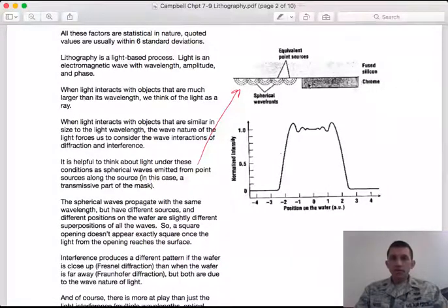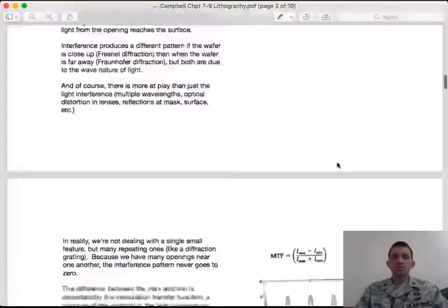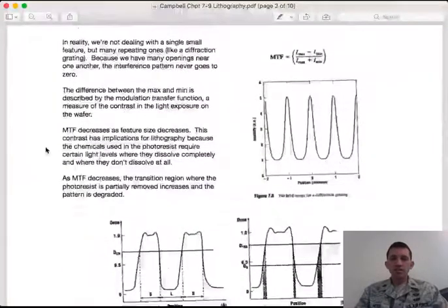Well, if I make this opaque region smaller, that's bringing the spaces closer together, which means that I'm going to overlap these legs closer together. Which means that if I overlap higher, then the minimum gets higher. So there's a smaller difference, a smaller contrast between the maximum and the minimum, and thus a decrease in the modulation transfer function.